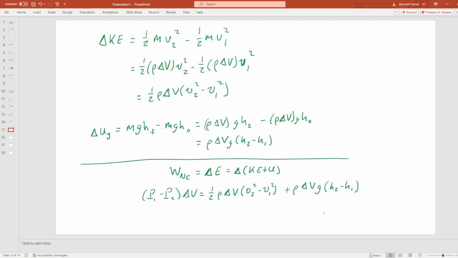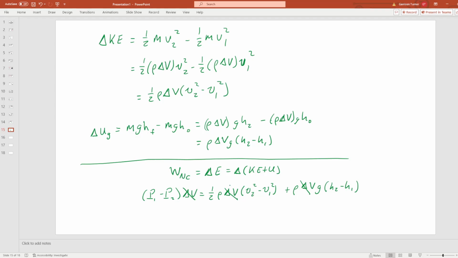Okay, so we're getting there. But the first thing to notice is my delta V's cancel out. My volumes cancel out everywhere. The next thing to note is the way we classically write this: we group our 2's on one side and our 1's on the other side, our subscripts.